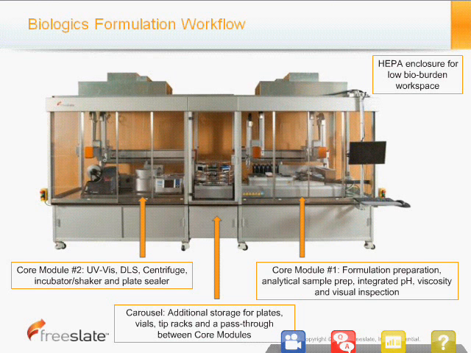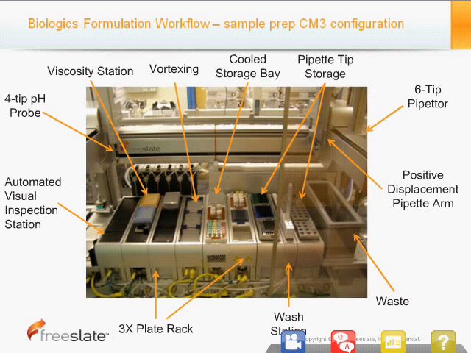Next slide. So here's a focus. We're looking at the right-hand side, the sample prep side, and these are pointing to all the different unit operations that we have on the system. The right arm is outfitted with two different pipetting tools. One is a 6-channel syringe pump-based dispensing system that uses disposable tips.